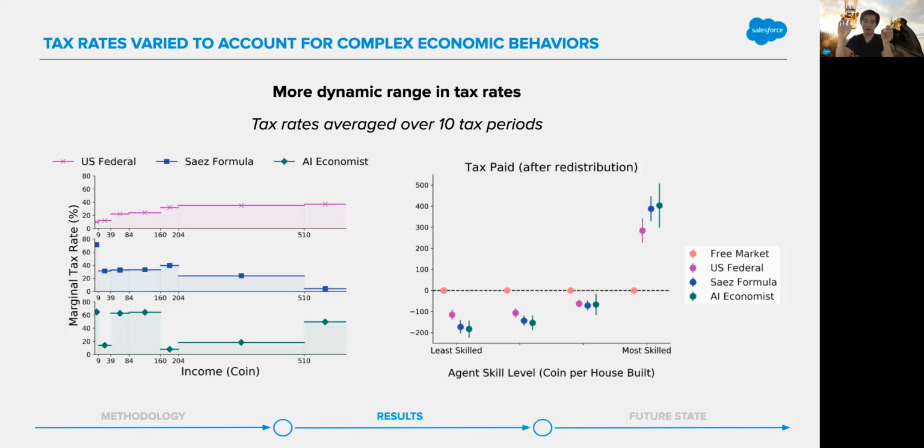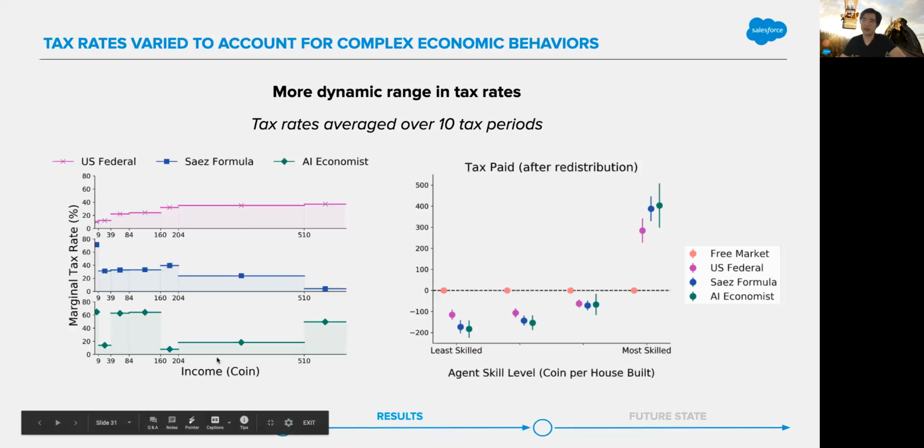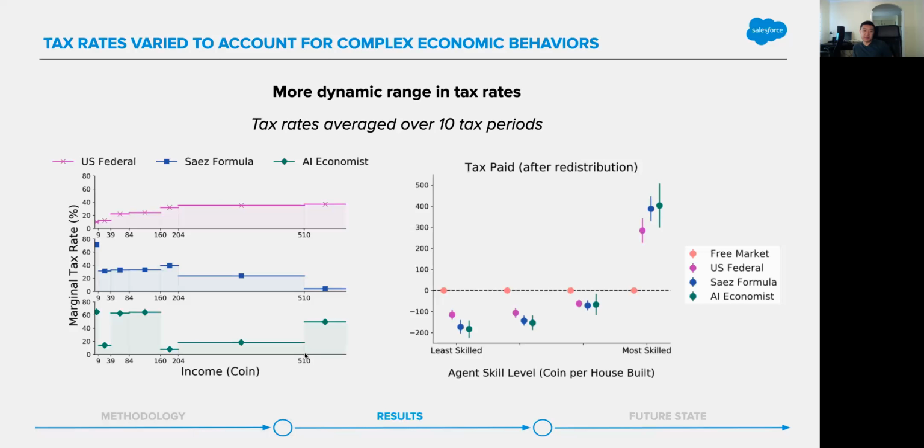And for both these categories, you might incentivize them in a different way. For instance, the lower skilled agents are incentivized by the social planner to make income between 9 and 39, and the higher skill agents are incentivized to make income between 160 and 510. Yeah, I see. So this is maybe as much an artifact of the number of agents as it is of the assumed skill distribution of the population.